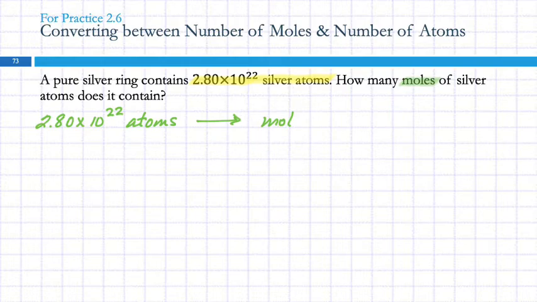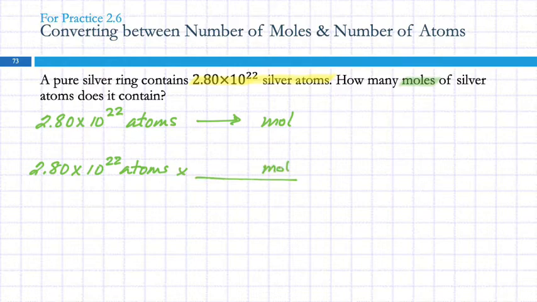We know the relationship, so we can do that in a single step. 2.80 times 10 to the 22 atoms, 1 arrow, 1 conversion factor, mole goes on top, because Dora's going along and saying atoms to moles. Oh wait, it's an easy day for Dora, just 1 thing. Atoms to moles, and then we take this unit and bring it down because we need the units to cancel out.